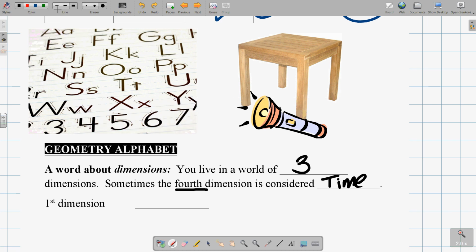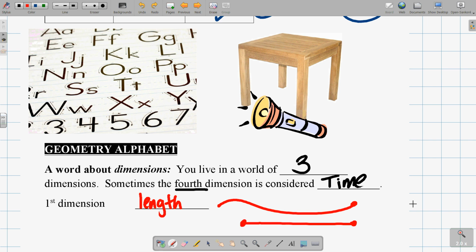So the first dimension is things that just have length, just length. Think of it as you're measuring the length of your shoestring, or the actual length of a meter. So things that just have length are 1 dimension. Length.